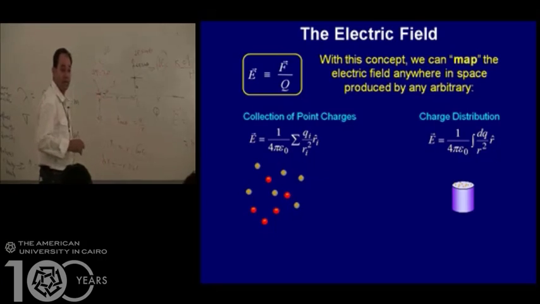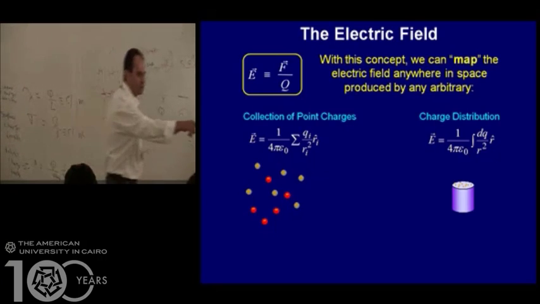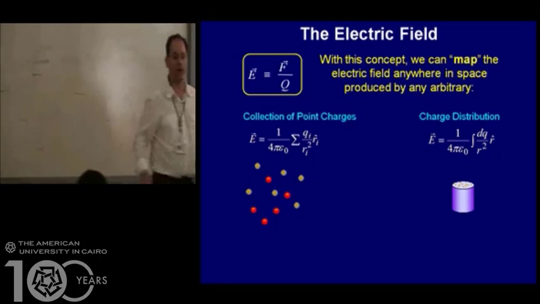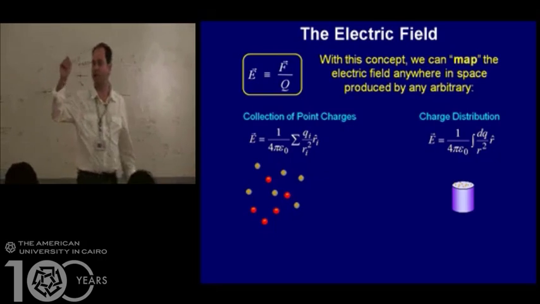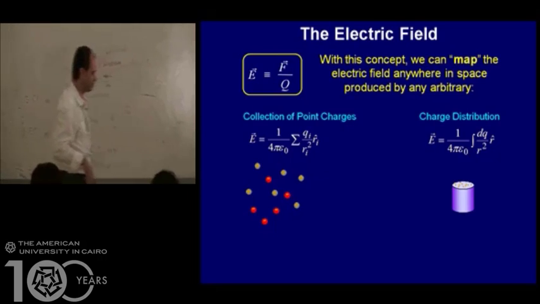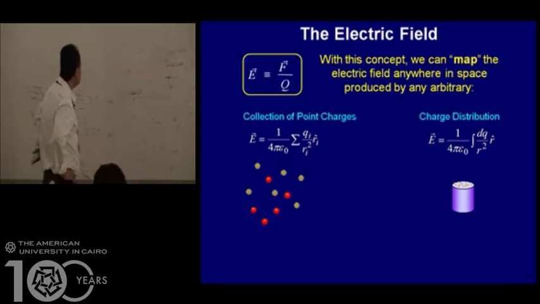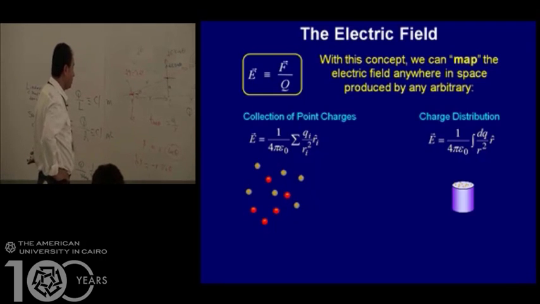Is this the book? This is our book. Does anyone have our book? No? A over x, that's tan theta.